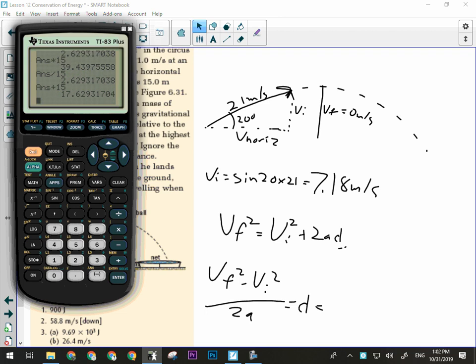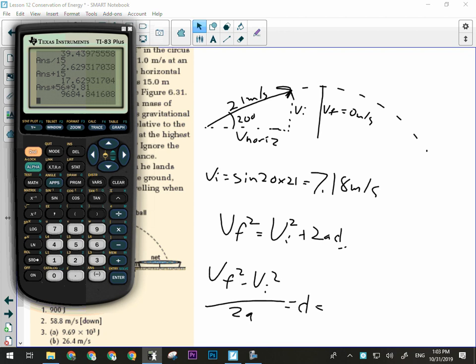Okay, there's his height. Now I'm going to multiply it by his mass, 56 times 9.81. There's his potential energy at that point: 9,684 joules. Everybody all right with that?